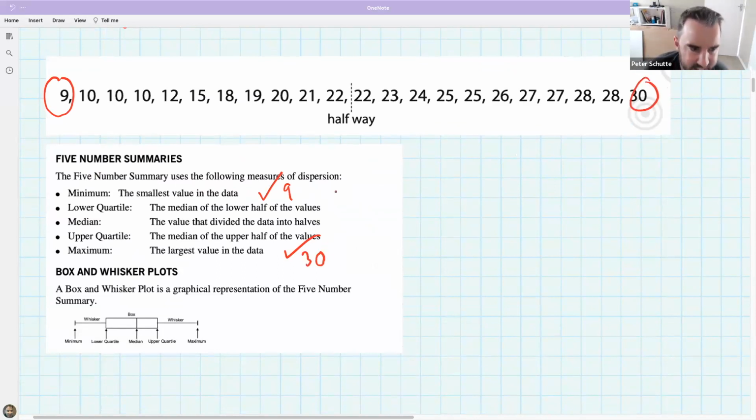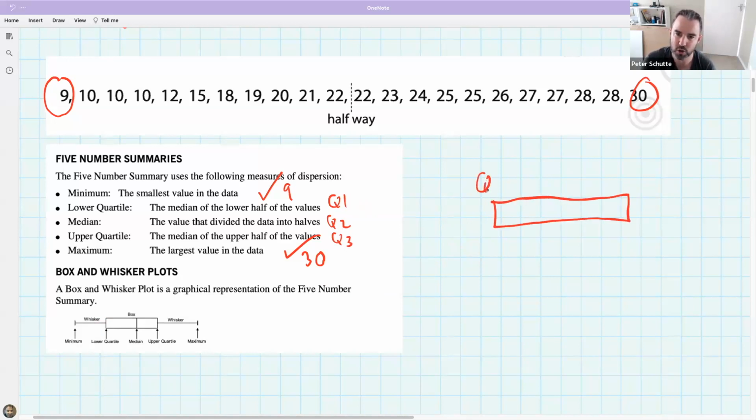And then we have Q1, Q2, and Q3, which we worked out in the previous lesson. We showed how to do that. And what we can do is we take these values and we put them in a graph. In the graph, we have a box, and the box is basically the interquartile range. It's between Q1 and then the other part of the box goes to Q3.